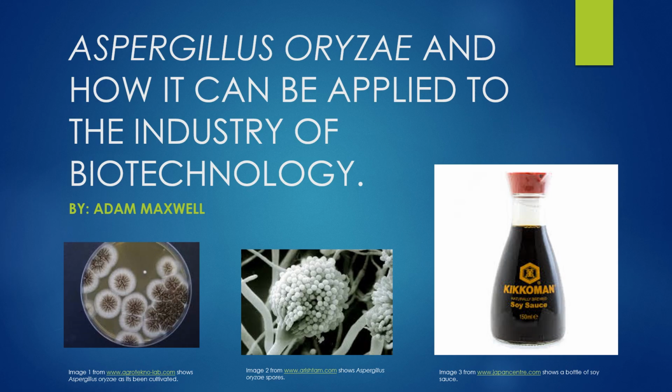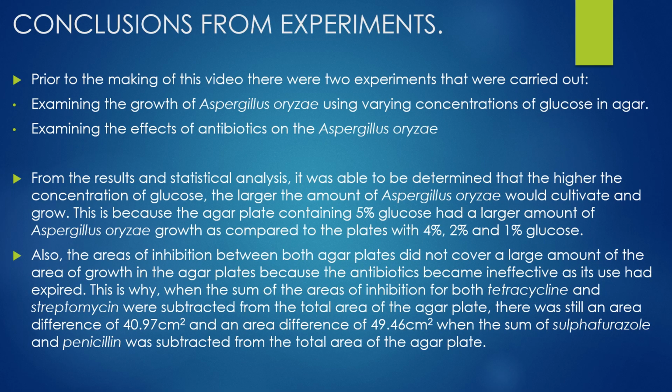Let's begin. Prior to the making of this video, there were two experiments that were carried out. One was about examining the growth of Aspergillus oryzae using varying concentrations of glucose in agar, while the other one was about examining the effects of antibiotics on the Aspergillus oryzae.